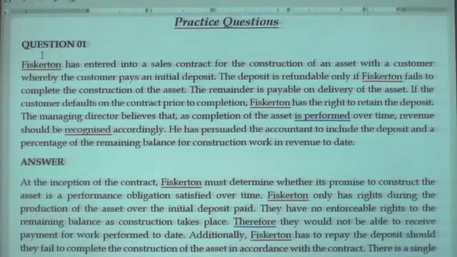Am I correct? That means the control will transfer either over time or at a point. Is that clear? Therefore, revenue cannot be recognized over the period, since the company can retain the asset and the advance fund if the customer defaults. Until the customer pays the full amount, control is with you.